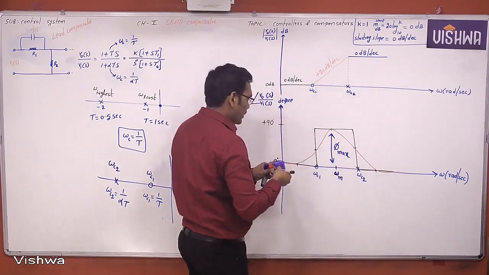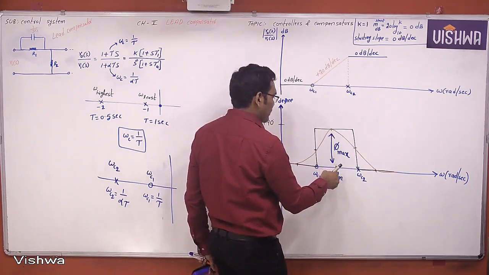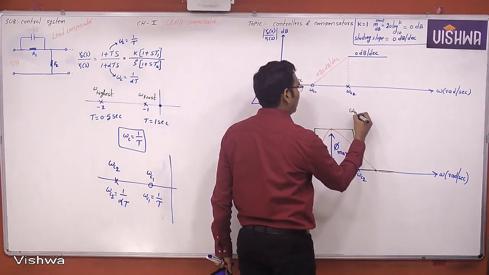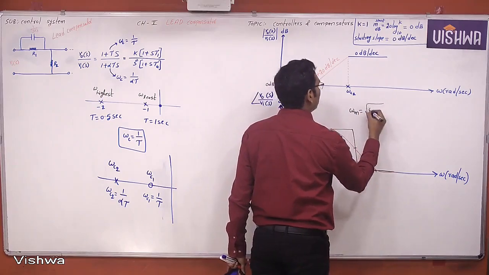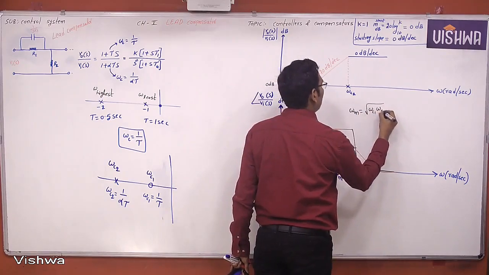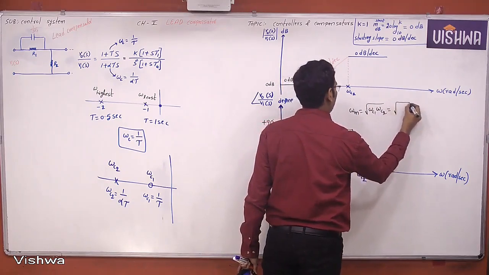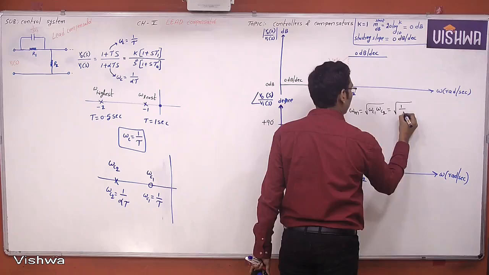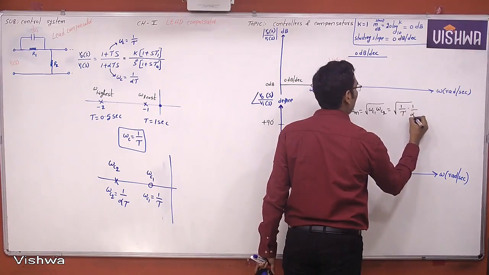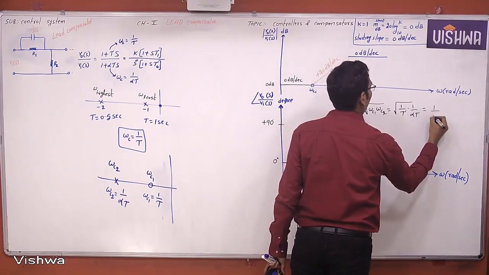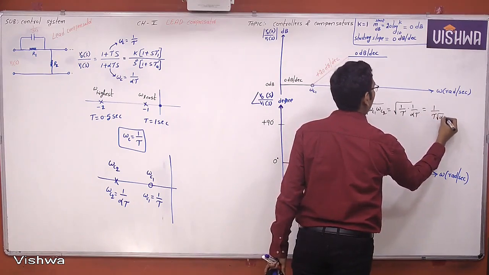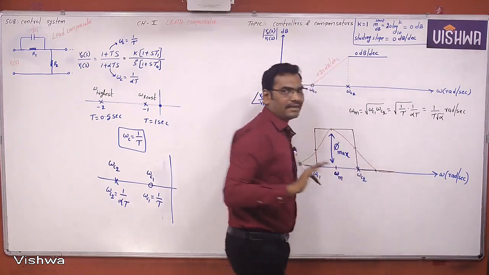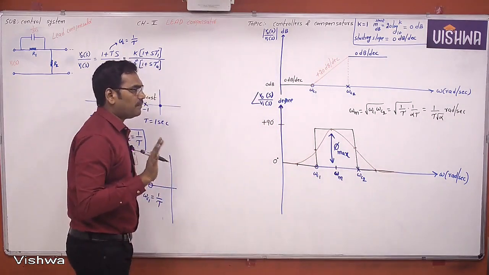Now, what is omega m? Omega m is the geometric mean of the two corner frequencies omega c1 and omega c2, which is equal to 1 by tau and 1 by alpha tau, that is 1 by tau root alpha radians per second, because these characteristics depend on the compensator parameters.